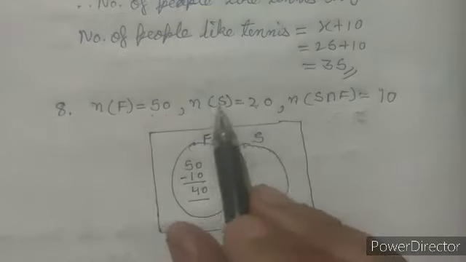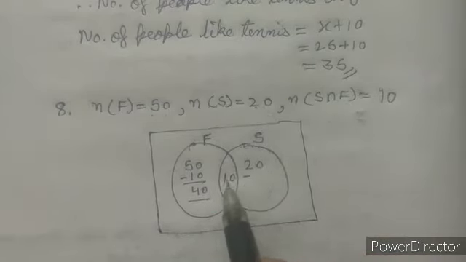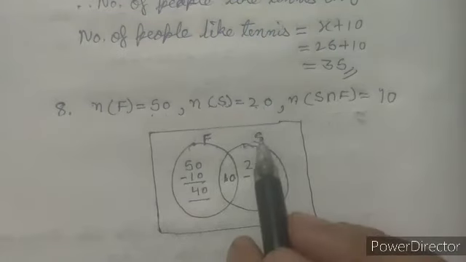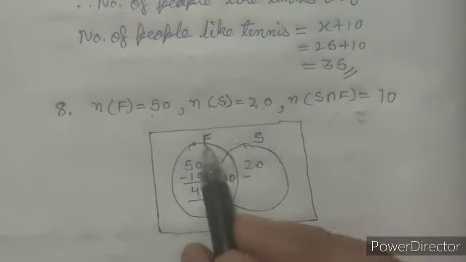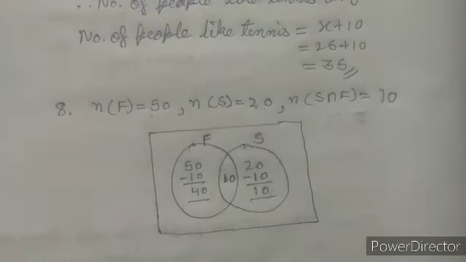Now similarly, the number of people who speak Spanish is 20, and 10 people speak Spanish and French both. So on subtracting these common people from it, we will get the number of people who speak only Spanish.